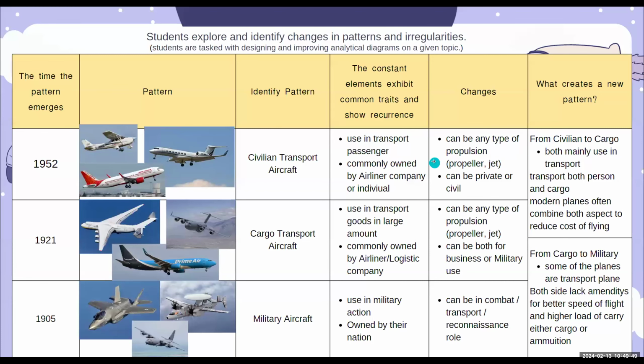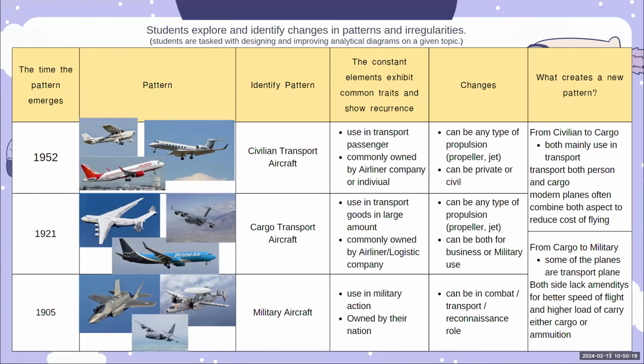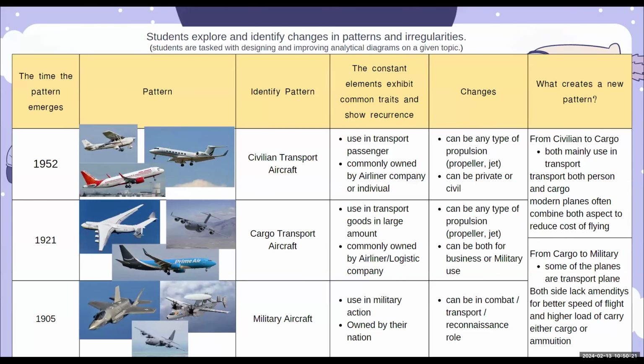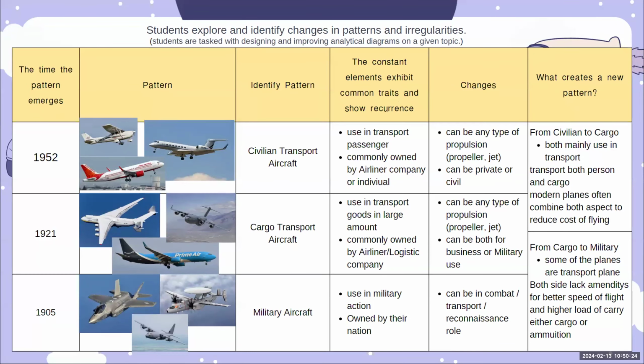What creates a new pattern from civilian to cargo is that civilian and cargo are mainly used for transport, but in different ways. Civilian is mostly used to carry people, but more recently they have started to combine both aspects of the planes, for example civilian airliners using the upper part of the plane for carrying people and the underbelly for carrying cargo.